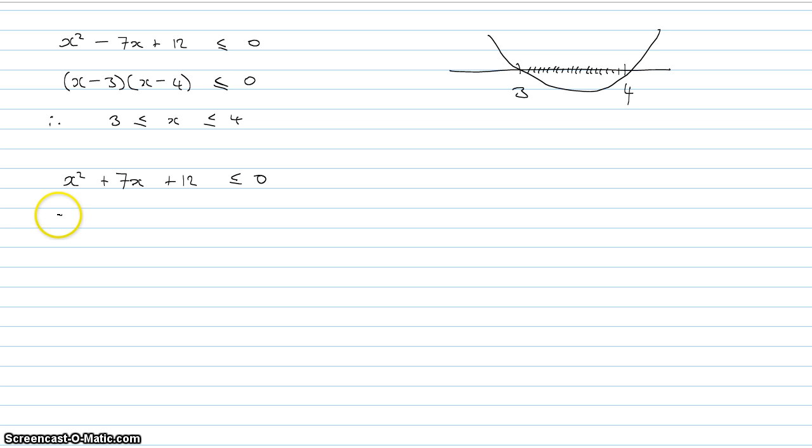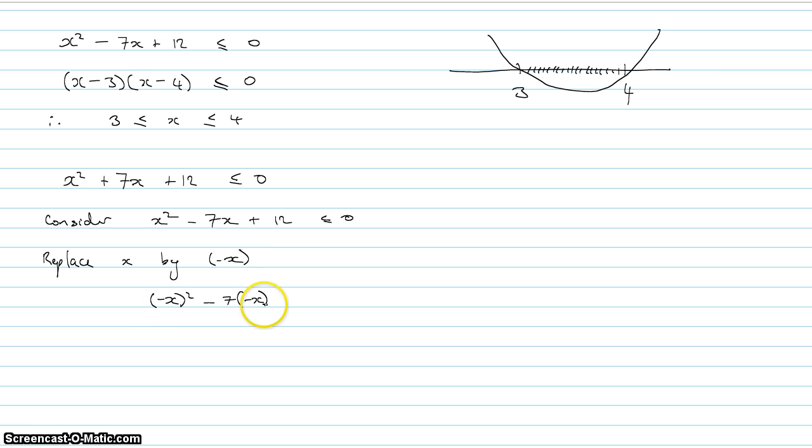So we try, consider x squared minus 7x plus 12 less than or equal to 0, our first part, and we replace x by negative x. So we get negative x squared minus 7 times negative x plus 12 is less than or equal to 0.